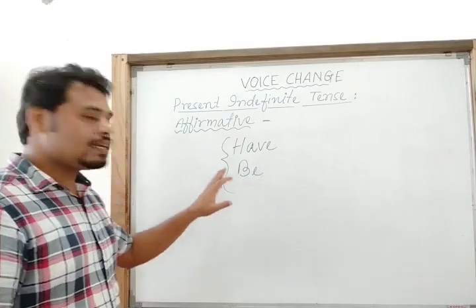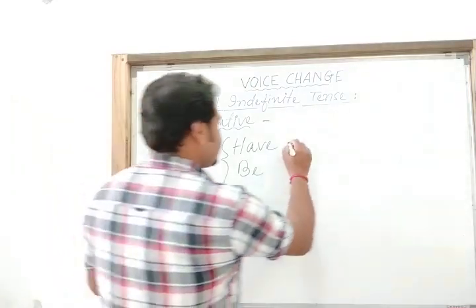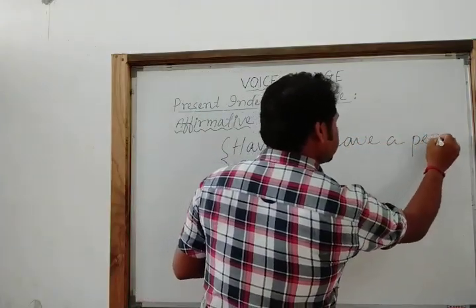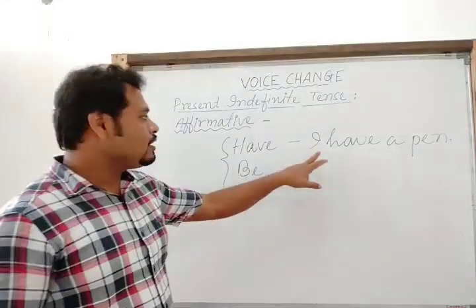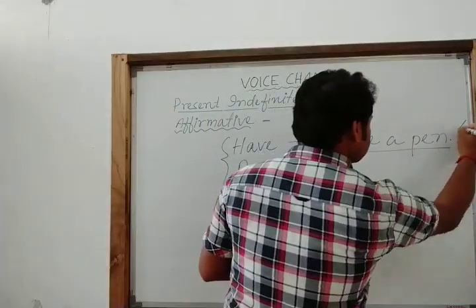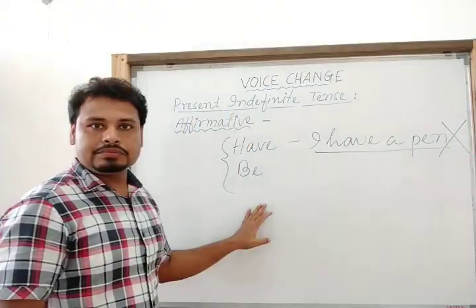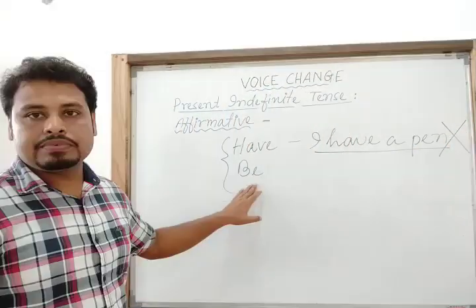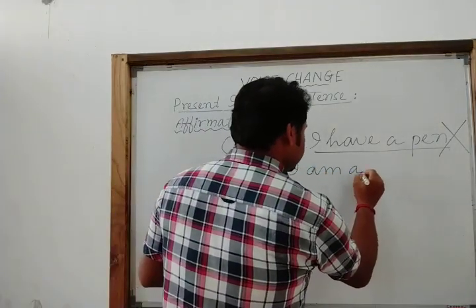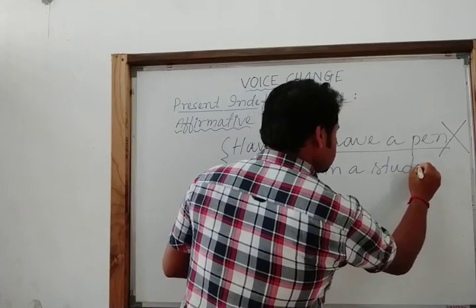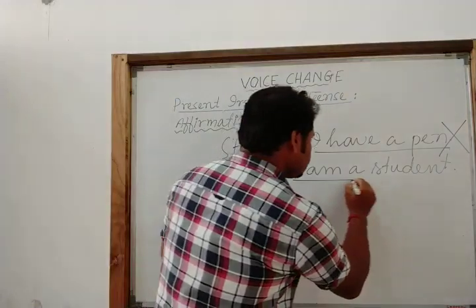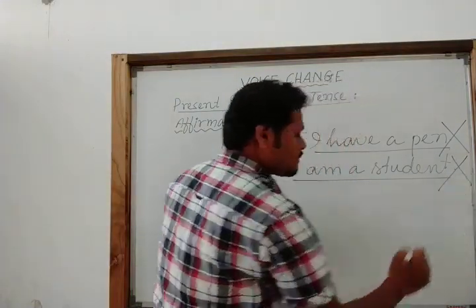For example with a have verb, like I have a pen, this kind of sentence cannot be changed. Again with a be verb, if I give an example like I am a student, this also cannot be changed.